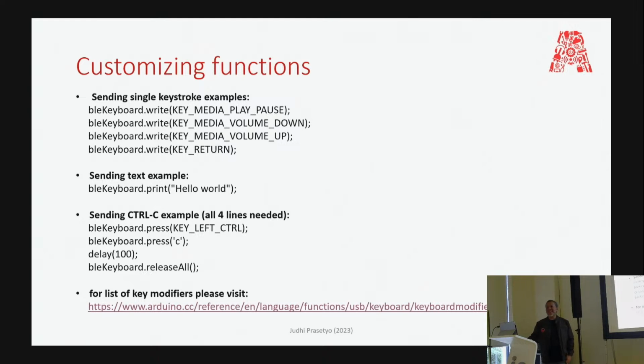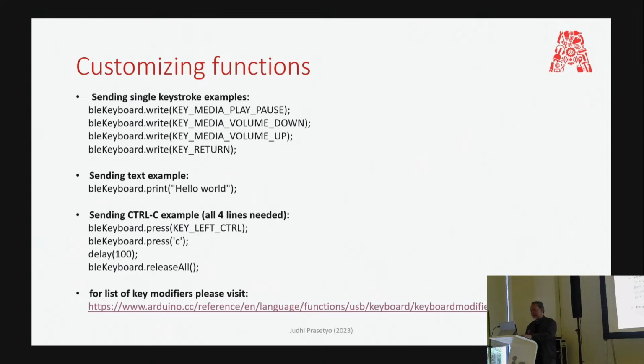Any question? Yes? Can we use the same thing to open programs or certain applications? Yes. So if you use Windows, you can have a program to have a shortcut.